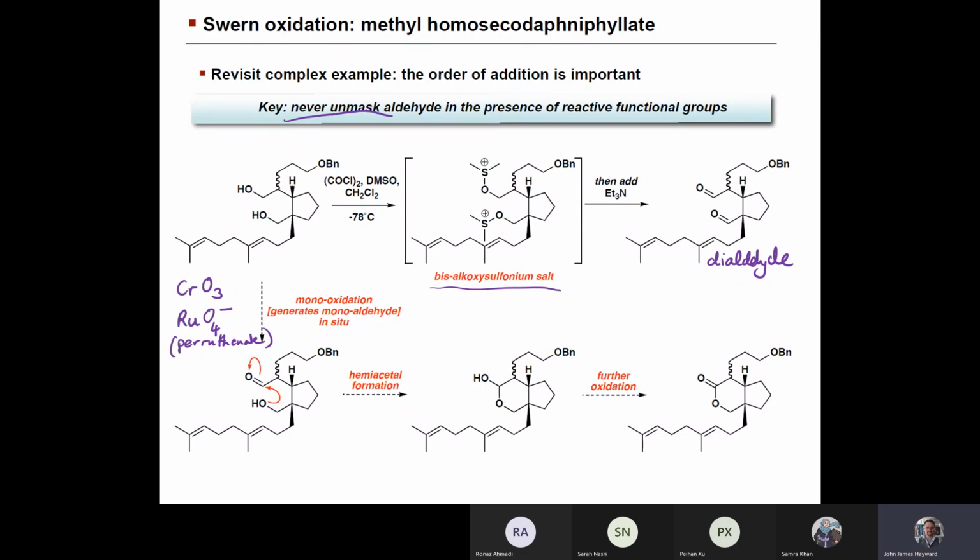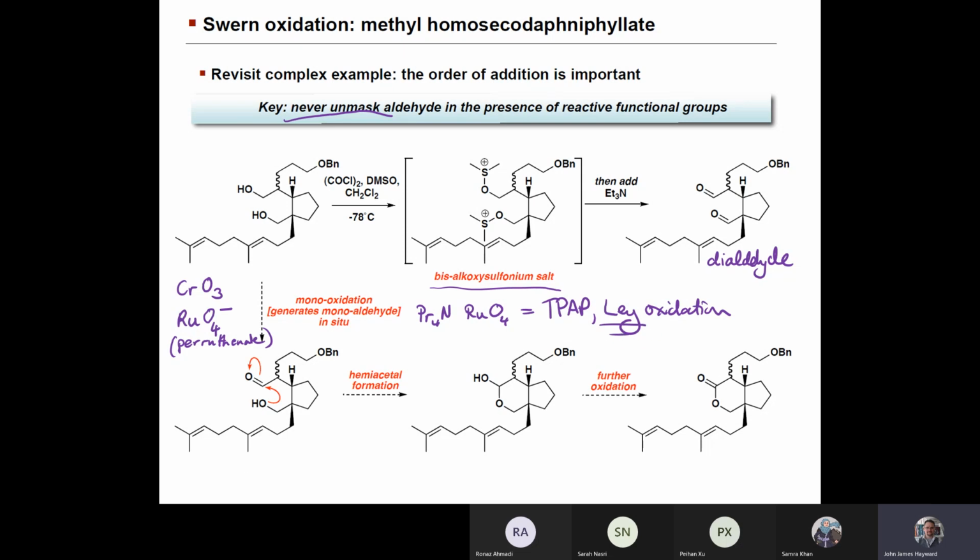Ruthenate for ruthenium, and per because you've got a lot of oxygen there. That's ruthenium 7. Tetrapropylammonium perruthenate is sometimes referred to as TPAP, or the Ley oxidation. And I mentioned that because Steve Ley was my PhD boss.